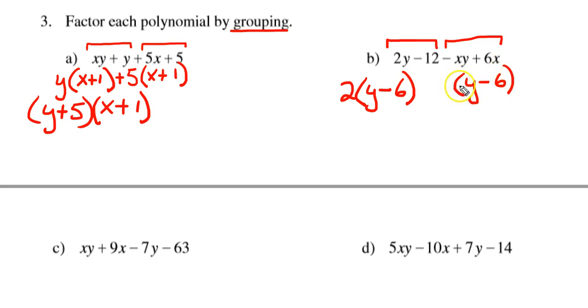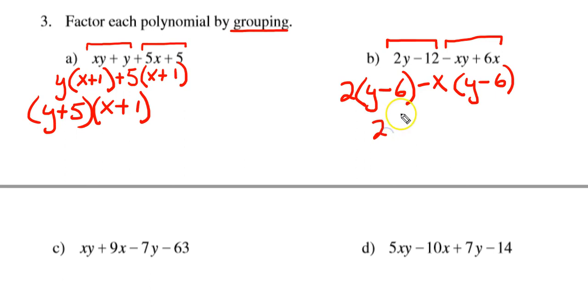In order to get these to become this, I have to change the signs and take out a common factor. So if I take out of these a negative x, notice when I multiply through, I get this. So taking out a negative something will reverse the signs here, and now I have my common factor.